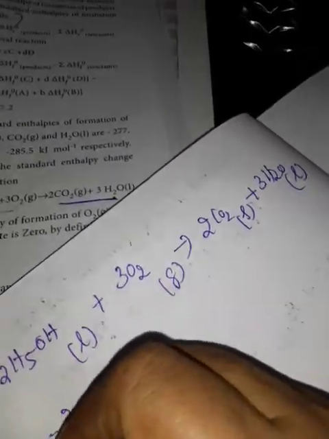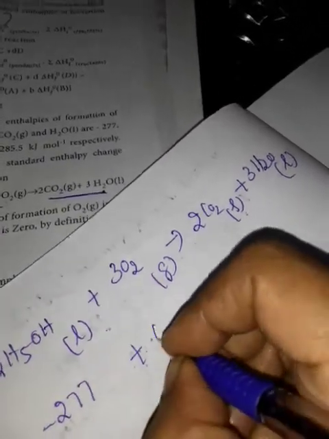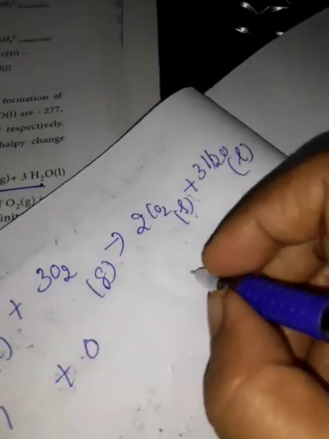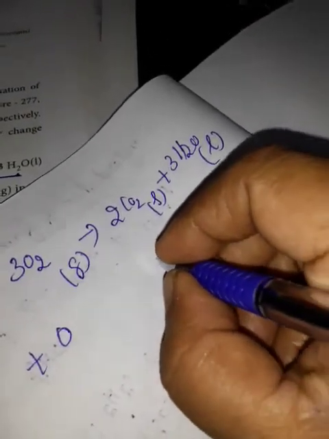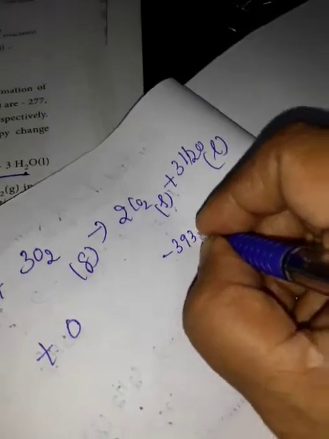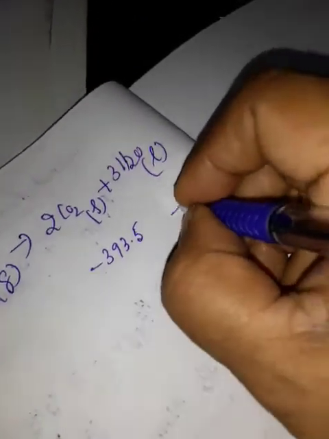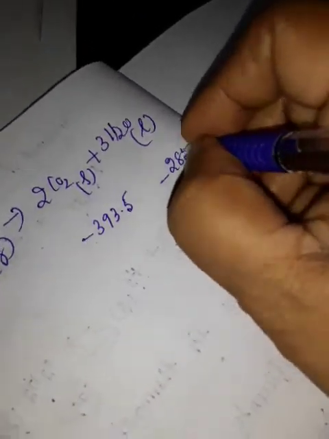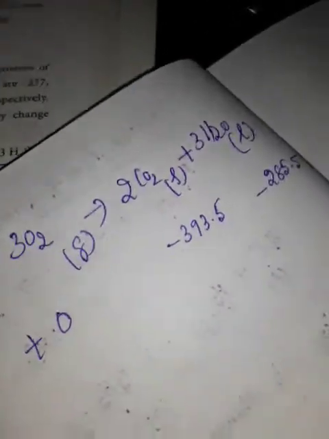The C2H5OH value is minus 277. O2 is 0. Here the CO2 value is minus 393.5. The H2O value is minus 285.5 kilojoule per mole.